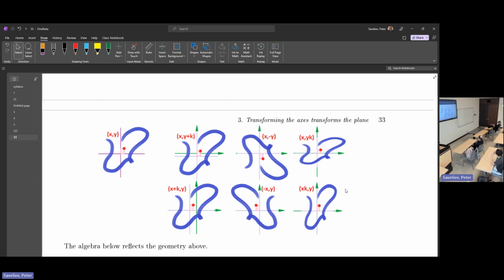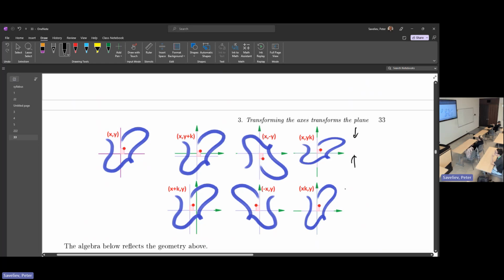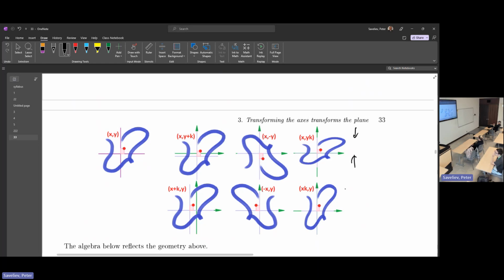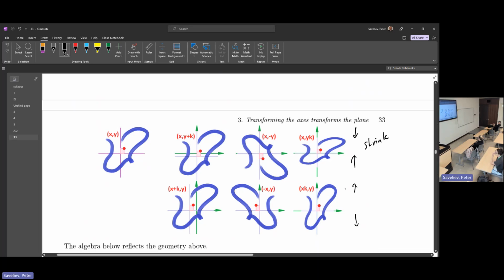The original picture is on the left, and then I have horizontal shift, horizontal flip, and a horizontal stretch. Actually, it happens to be a shrink, so it's shrunk like this. Then I go with vertical shift, vertical flip in the second row, and then a vertical one. This one appears to be a stretch actually.